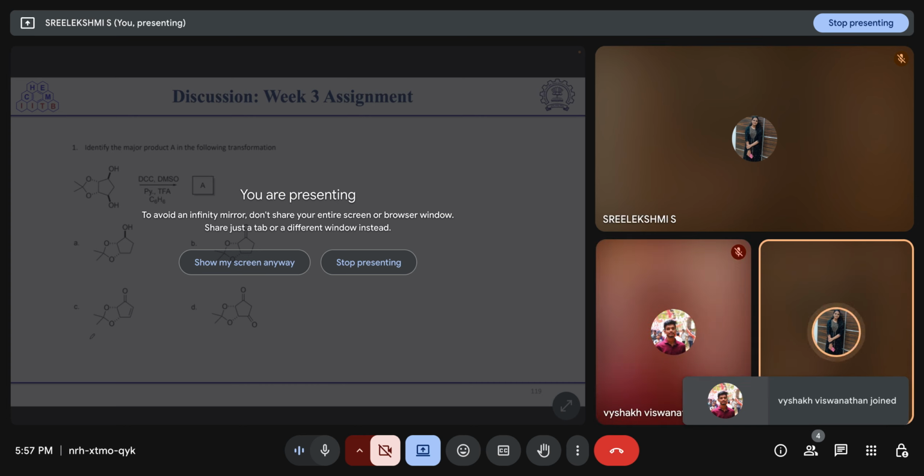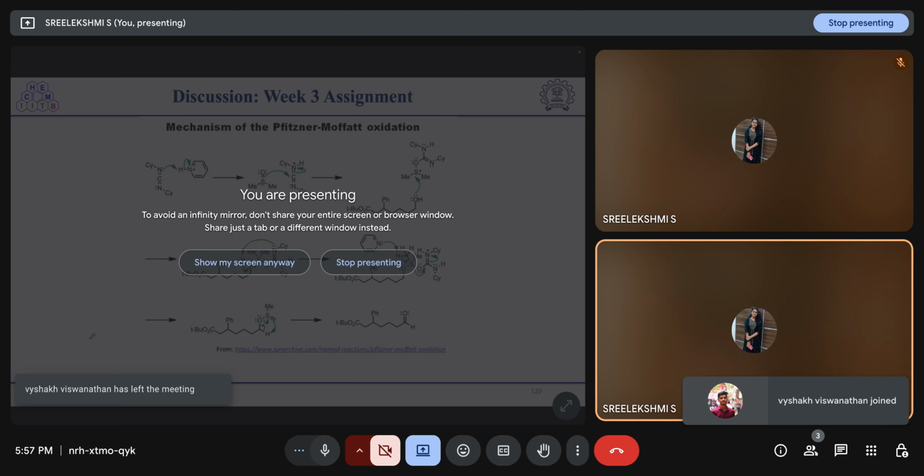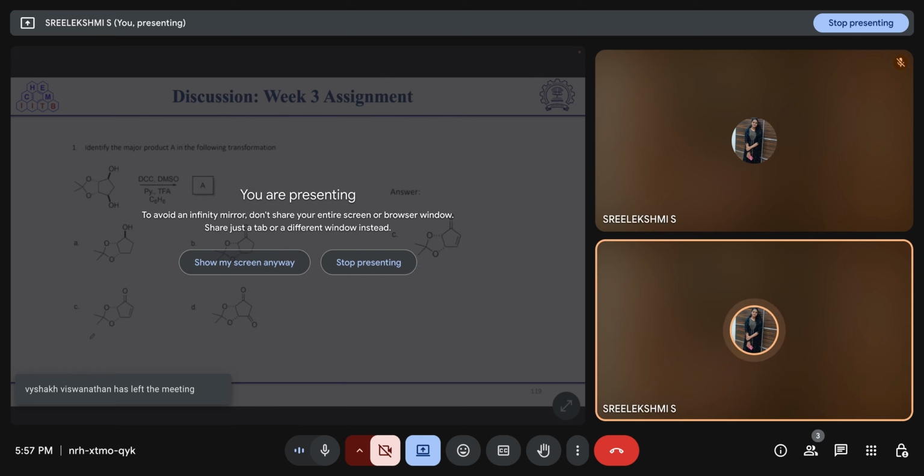So here this is an example for Pfitzner-Moffatt oxidation. So this DCC, DMSO, pyridine, TFA is the combination of reagents which is used for this Moffatt oxidation, we can say. So which will be the correct answer if it's an oxidizing reagent, and try to predict the mechanism as well.